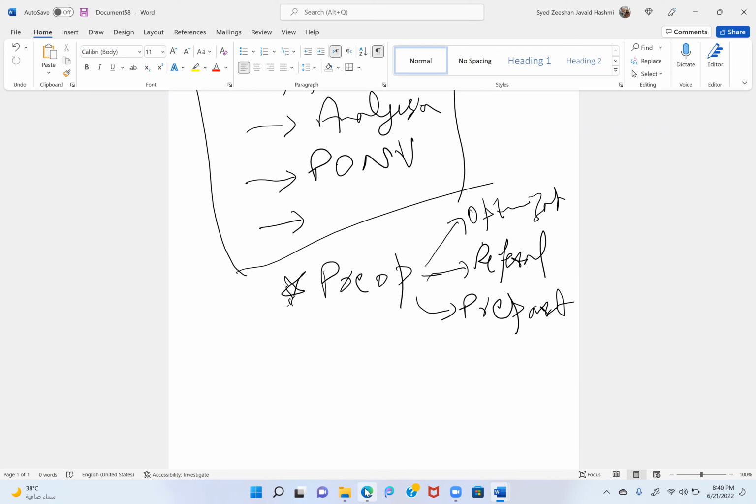For example, if you have a patient with diabetes, one of the things in the preparation is to control the blood sugar and convert the oral medications to IV medication. This you can call a preparation. In optimization, if you have a patient with COPD, you are trying to reverse the reversible component.